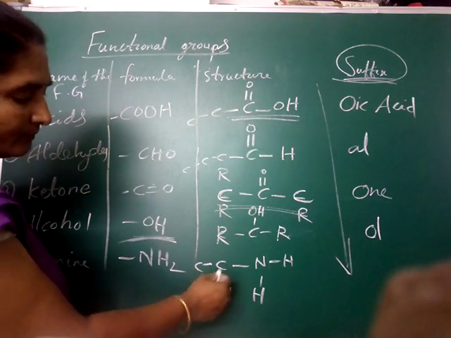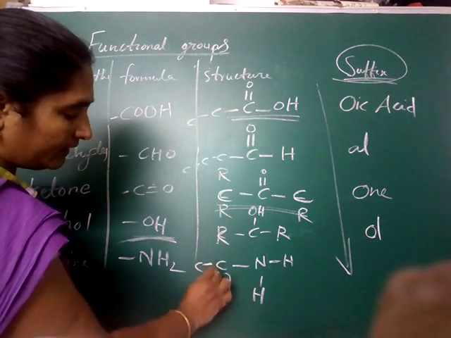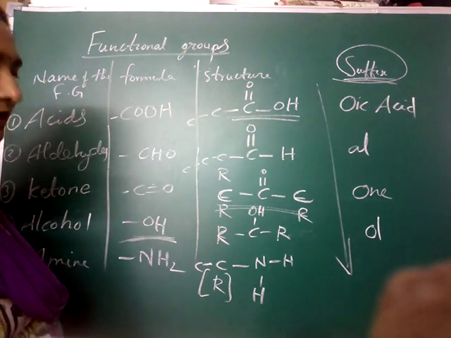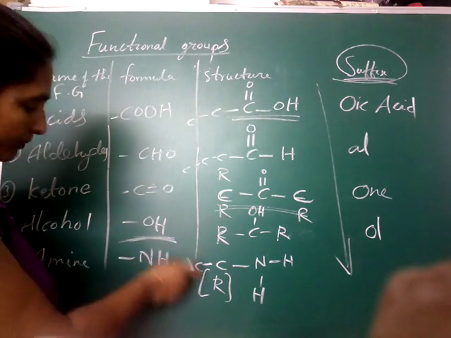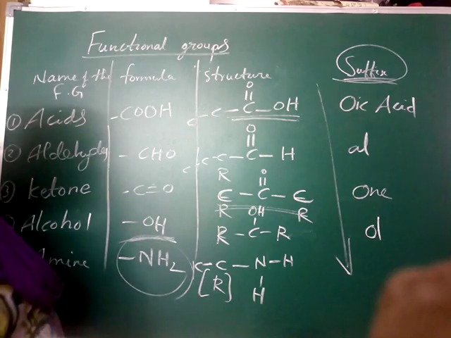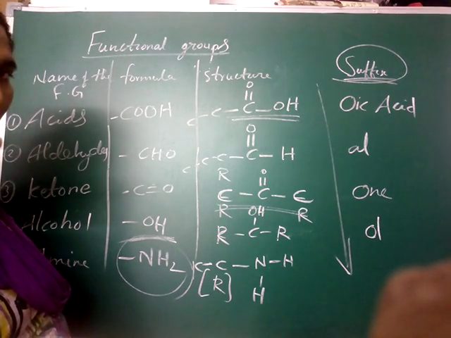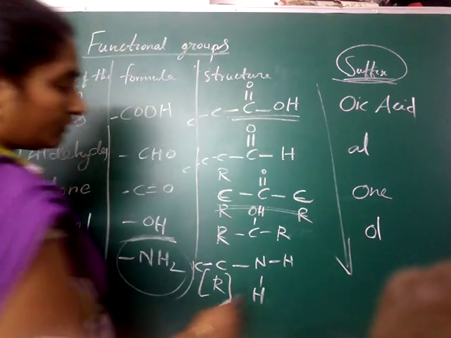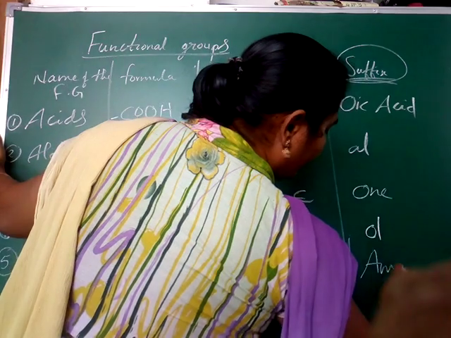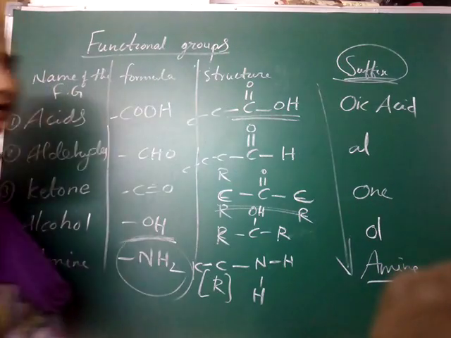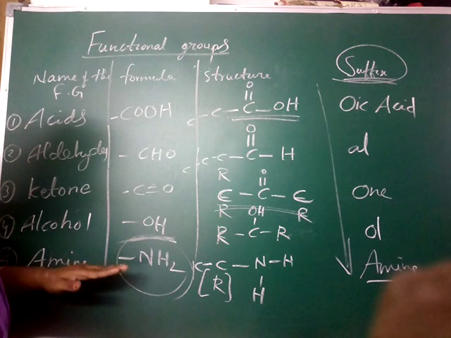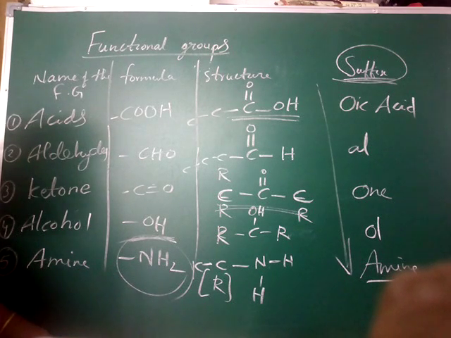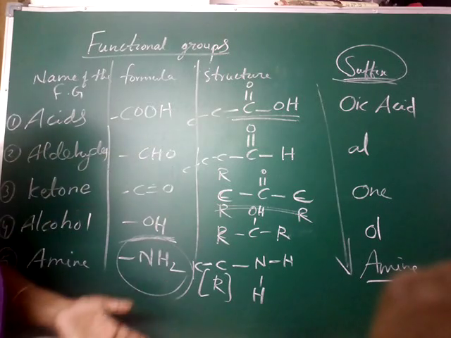This carbon means R, the alkyl group. This group of atoms is called the amines functional group. Here you get amine as the name. Do you understand about the functional groups? If you know these five functional groups, we can characterize the organic compounds.